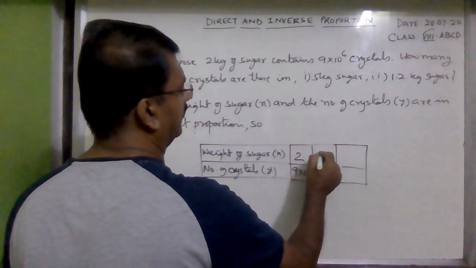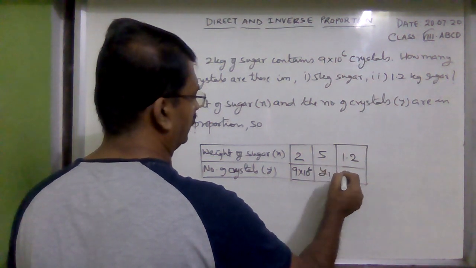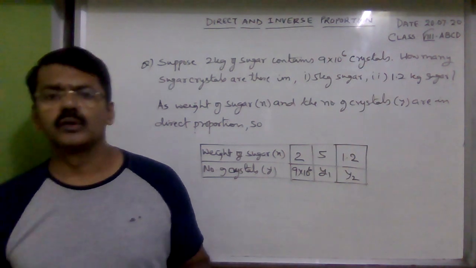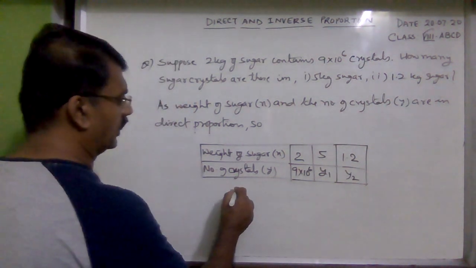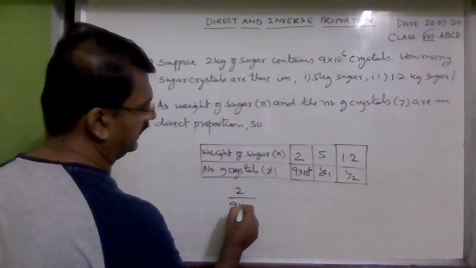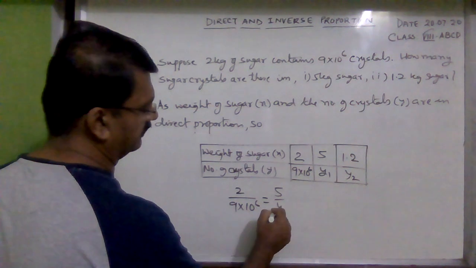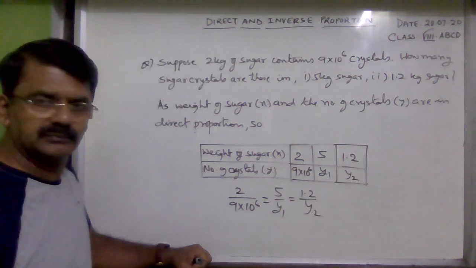Then the weight is 5 kg and then the weight is 1.2 kg and you have to find the number of sugar crystals. So as I have told you that they are in direct proportion, so 2 upon 9 into 10 to the power 6 is equal to 5 upon y1 is equal to 1.2 upon y2.